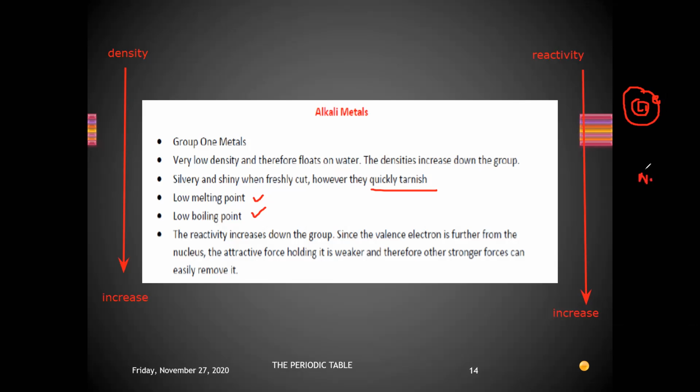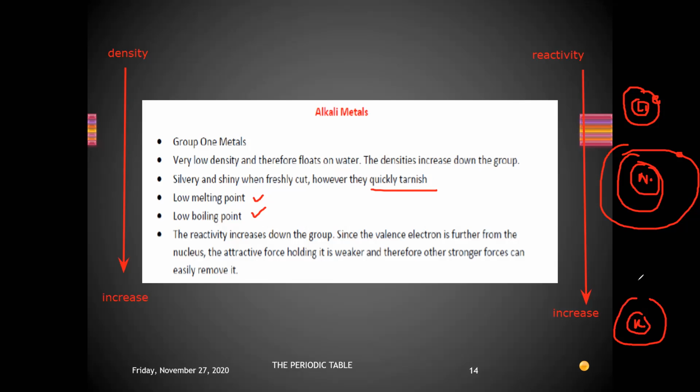Sodium has 3 shells and in the last shell there is 1 electron. Whereas potassium has 4 shells and in the last shell there is 1 electron. So you can see that electrons in potassium are far away compared to sodium, and in sodium far compared to lithium.